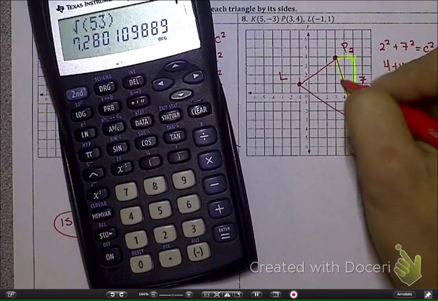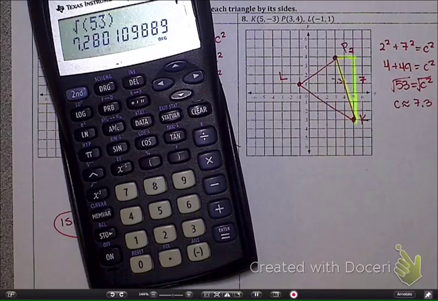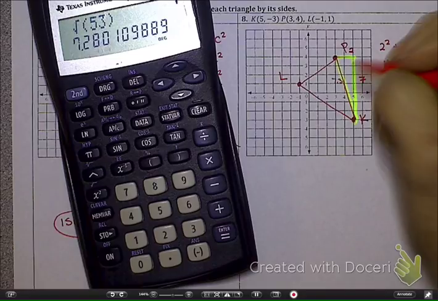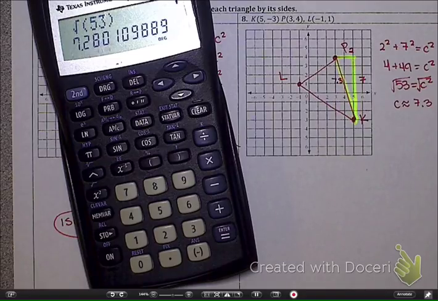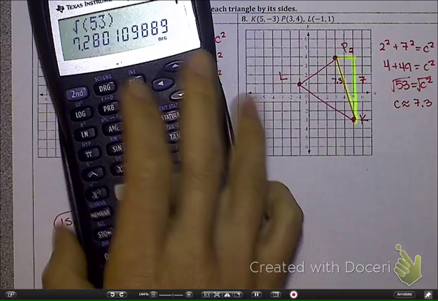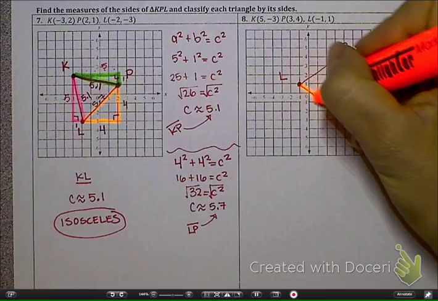Okay, so this side here is about 7.3, that one. Did anyone work ahead and get that side? Yeah? Okay. All right, now, the next one, I'll do LK next.